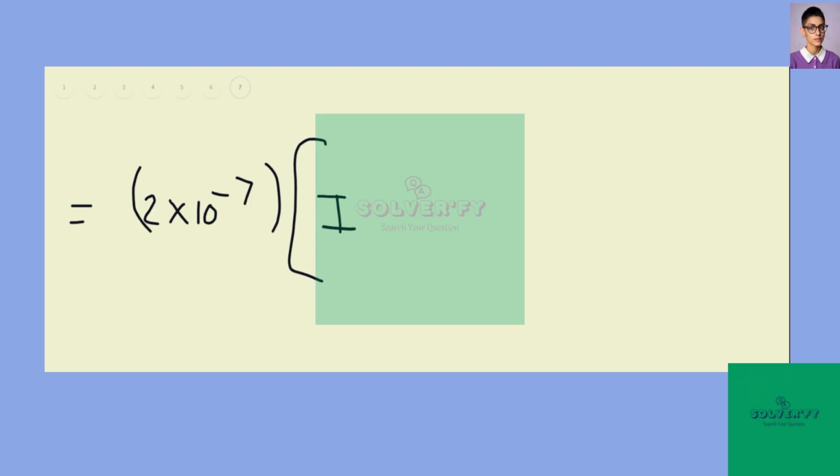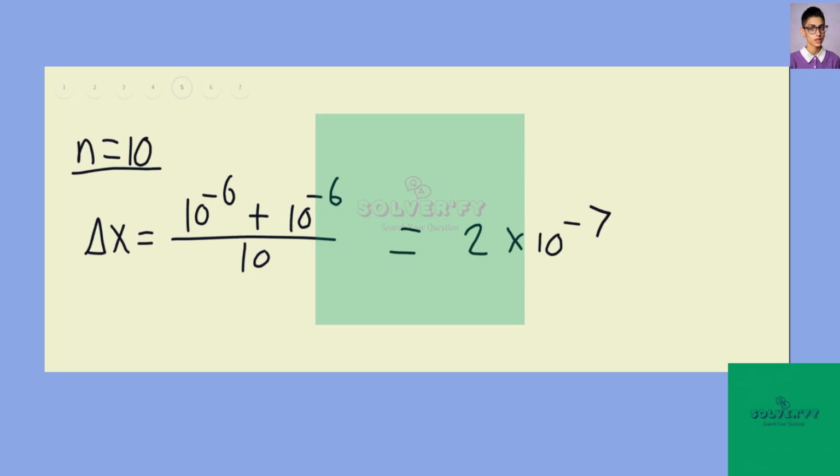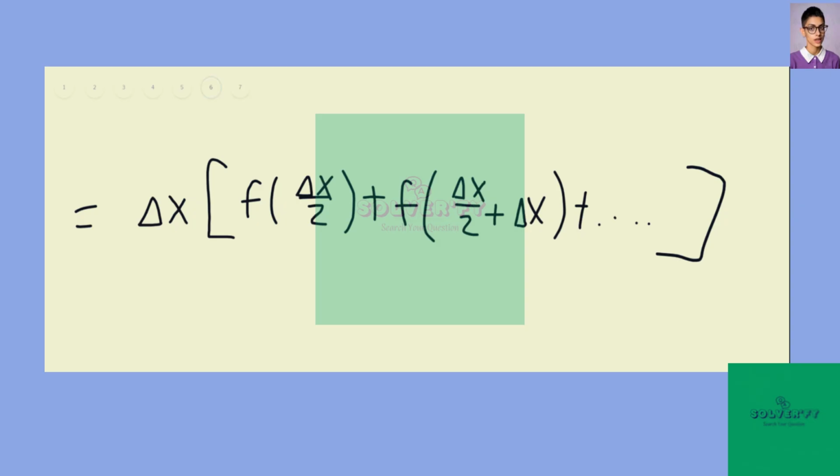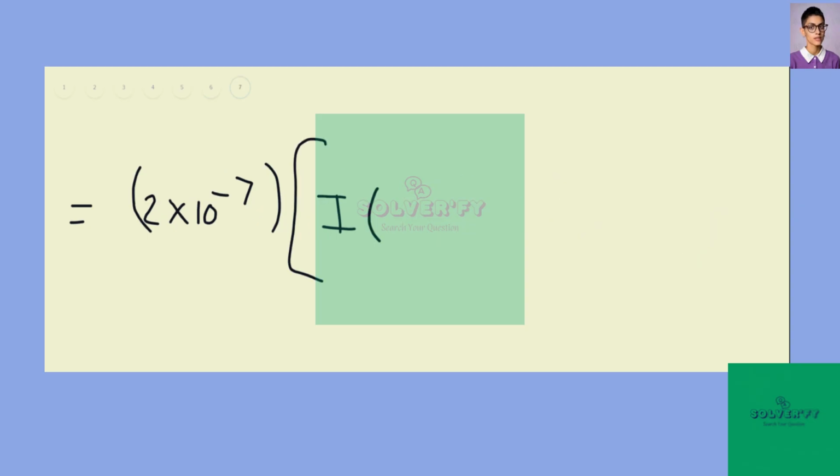So we should get that our I of theta should be 2 times 10 to the negative 7th times I of, well, delta x is 2 times 10 to the negative 7th. And this formula is assuming that we start at 0, but we don't.